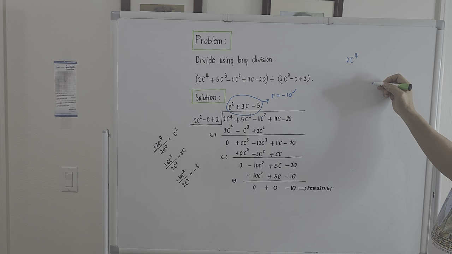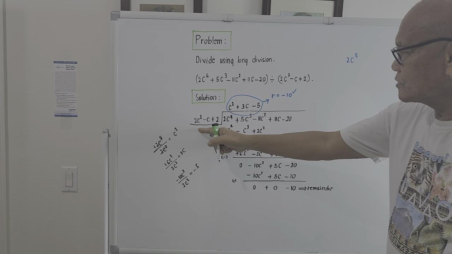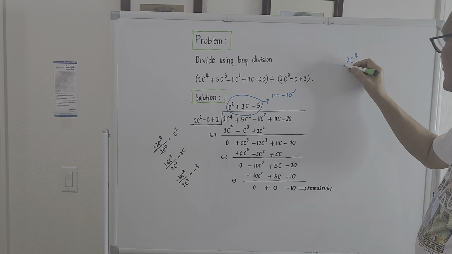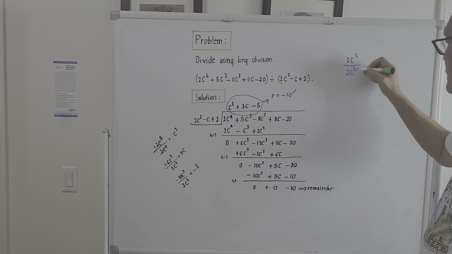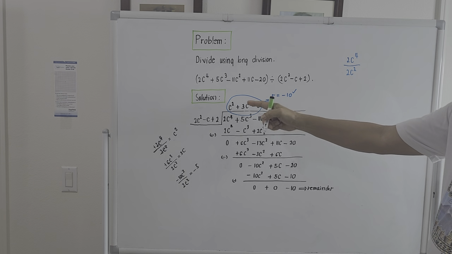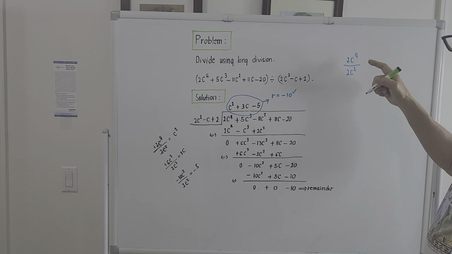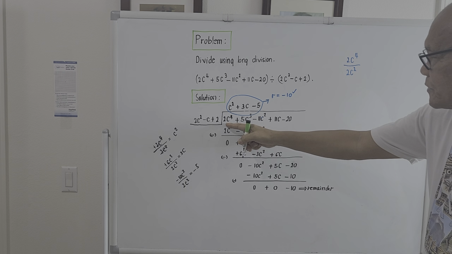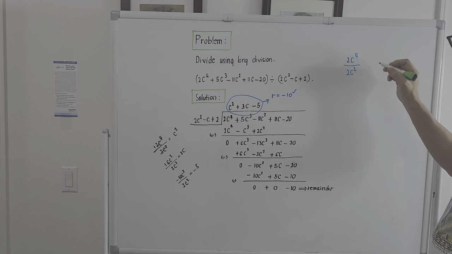And the first divisor term should be the one on the left, which is 2c squared. Right? So if we try to solve for the first partial quotient that will be coming out, we will divide the first term here by the first term of the divisor. Okay, so what will come out?